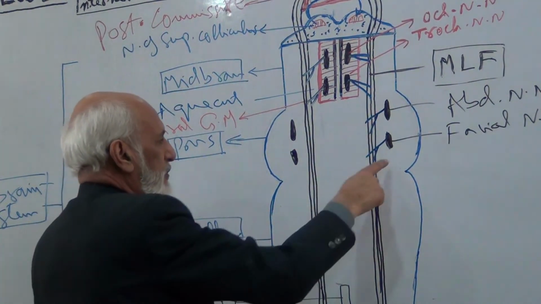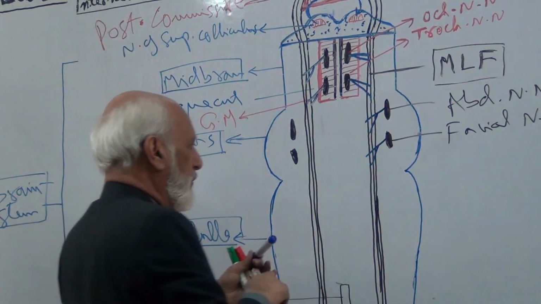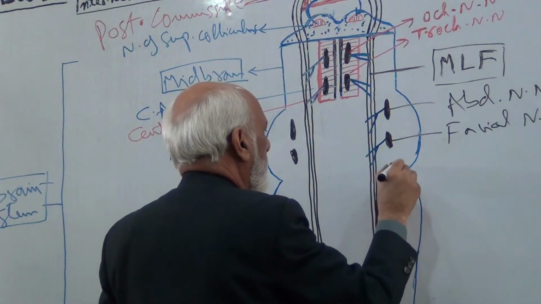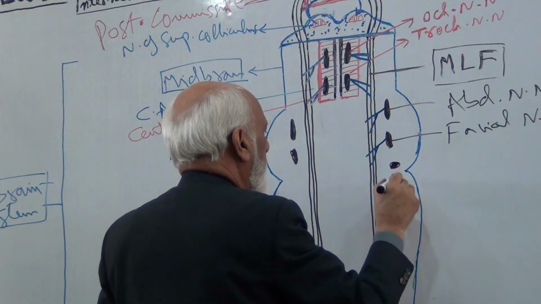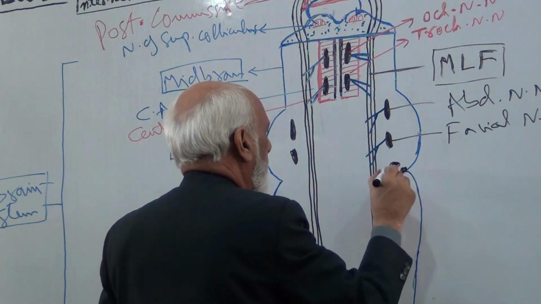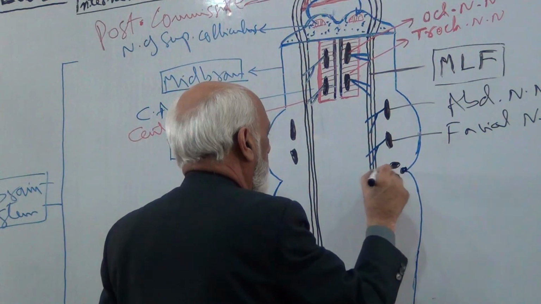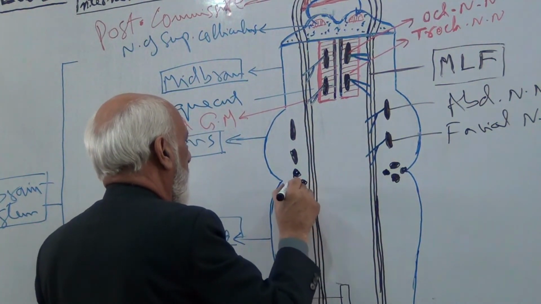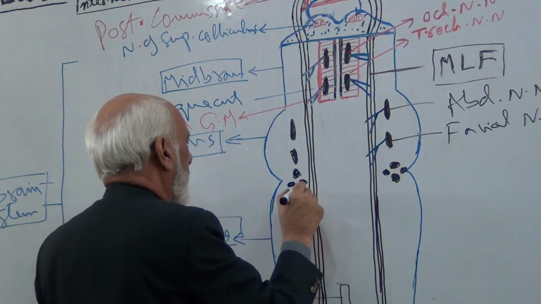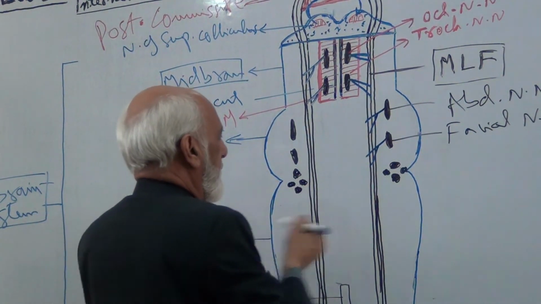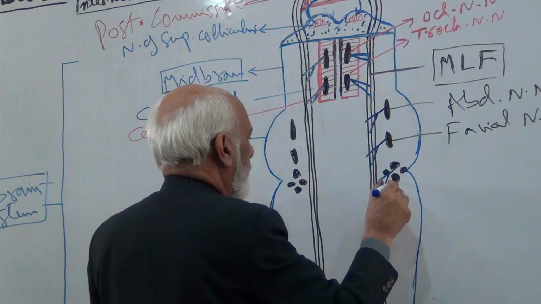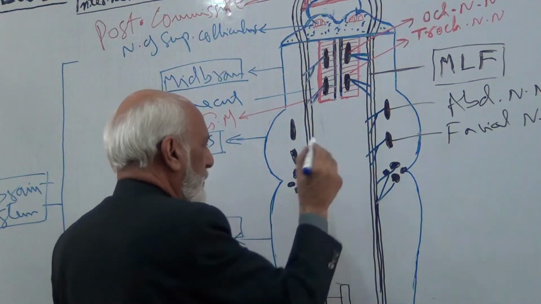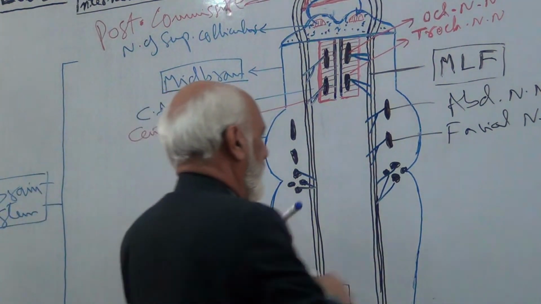Then here, at the pontomedullary junction, are the vestibular nuclei: superior, inferior, lateral and medial vestibular nuclei. These also contribute fibers to the medial longitudinal fasciculus.